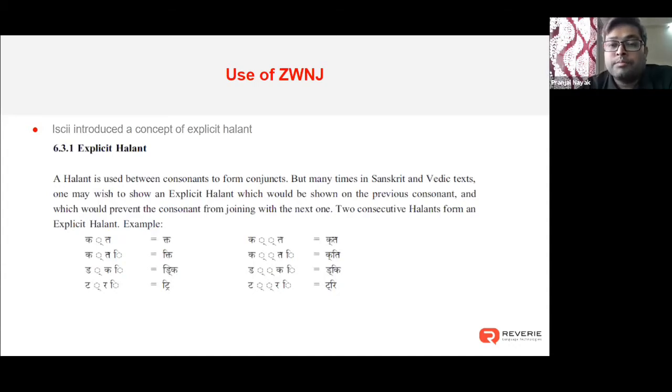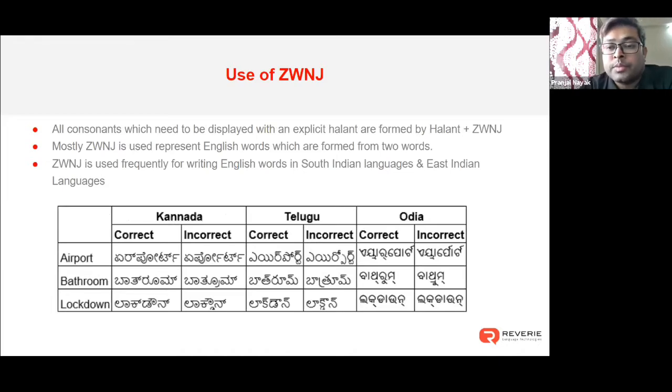How we are doing it today is by the use of the zero width non-joiner. The zero width non-joiner basically is a character which is used after the halant, and what it does is it prevents the first consonant from joining with the second consonant.